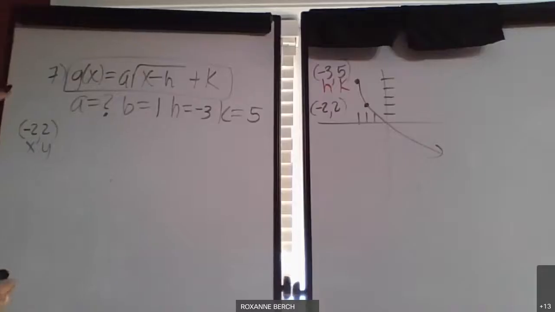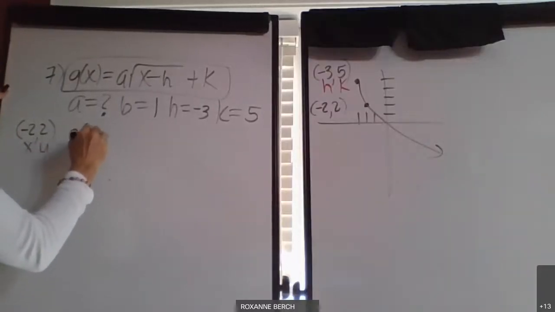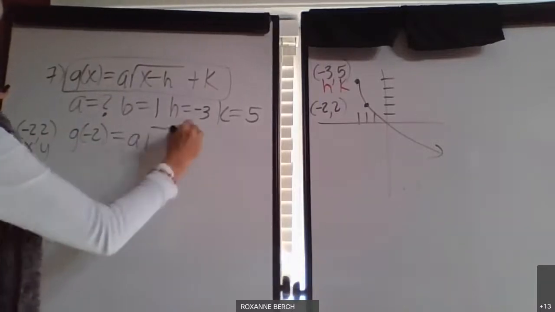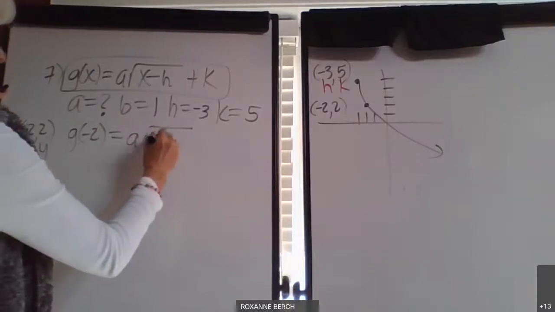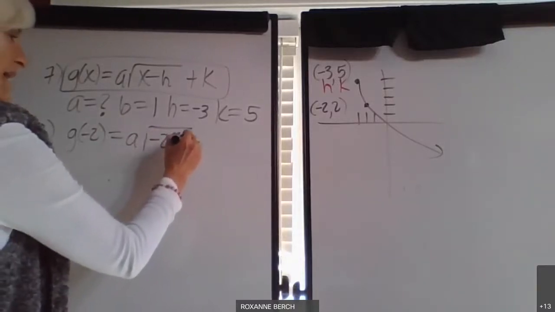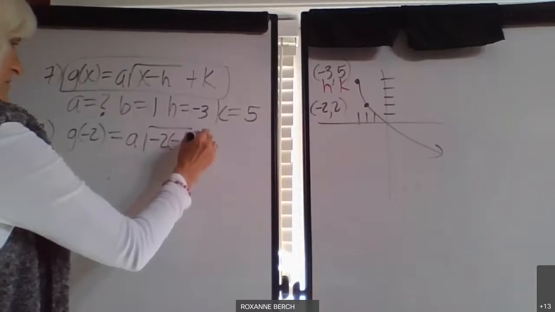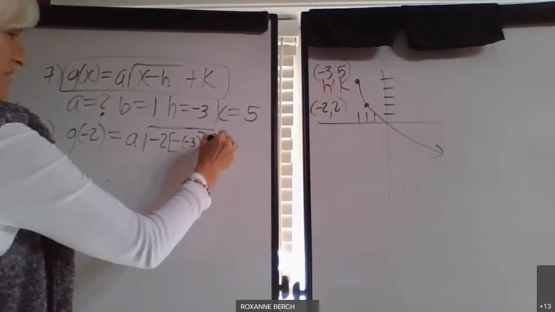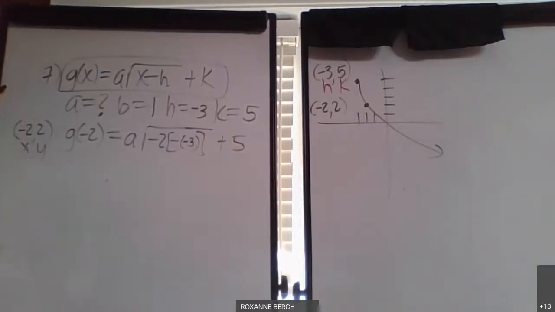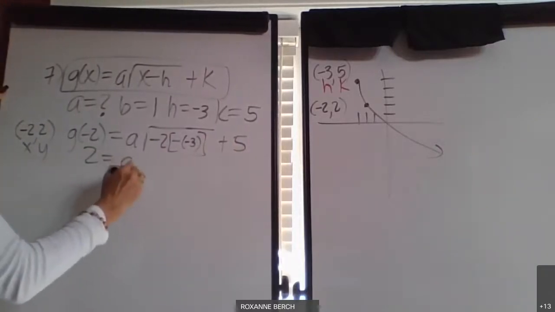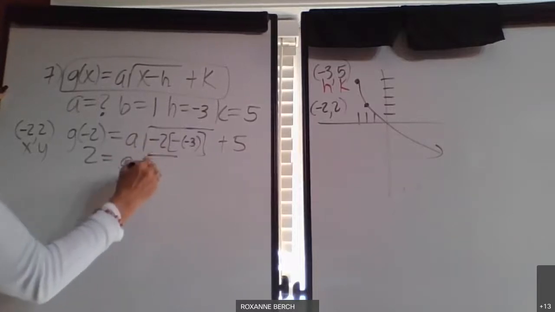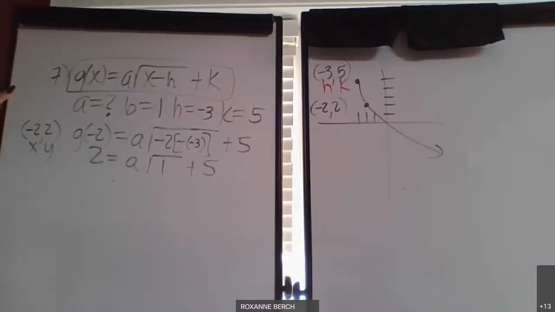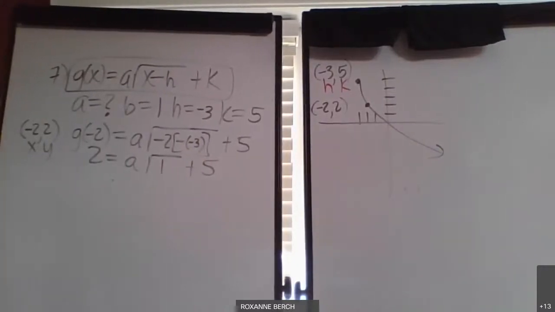Right. All right. So we have g of x, which is -2, we're using the other point, is equal to a times the square root of x, which is -2, minus -3, plus 5. So 2 is equal to... it's going to come out to be a 1 again. Is that what you were saying? Yeah.